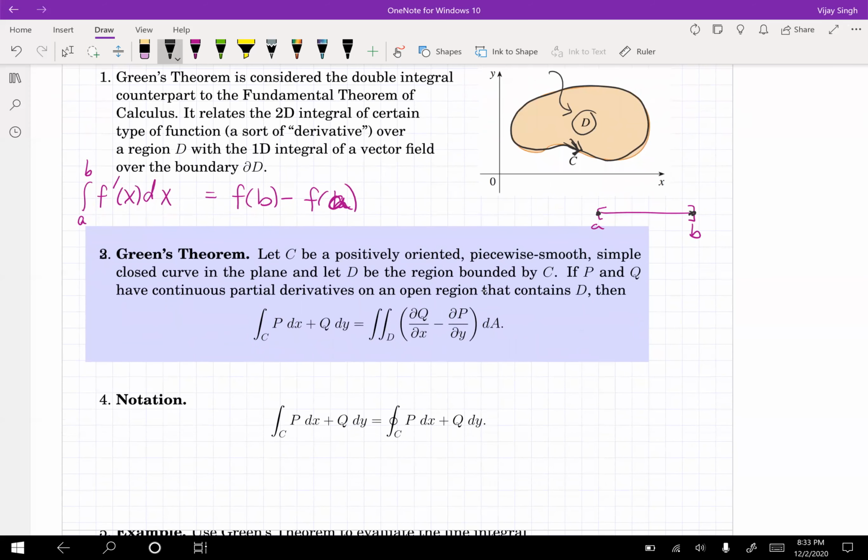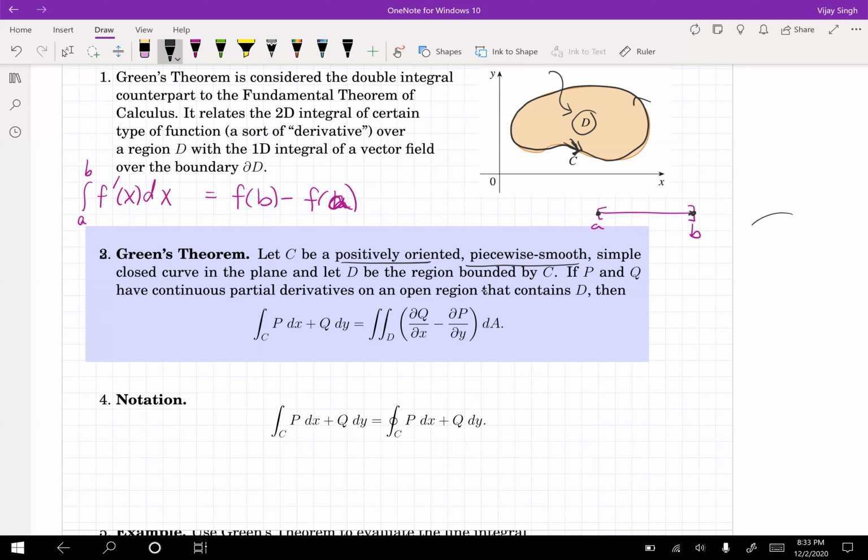So let C be a positively oriented piecewise smooth curve. Positively oriented means the region D lies to the left of the curve when traced.